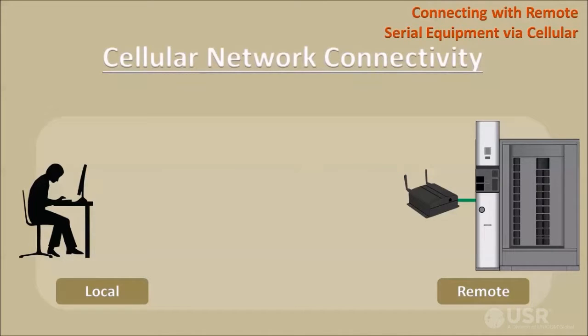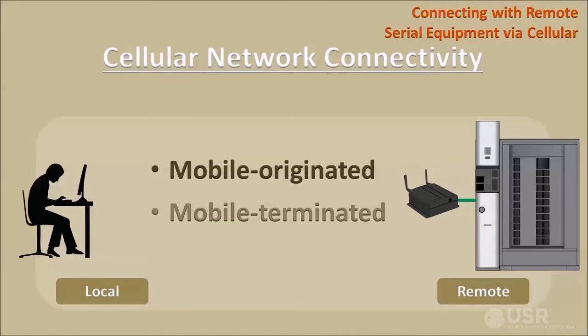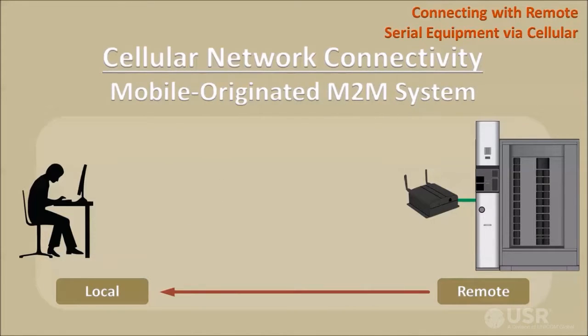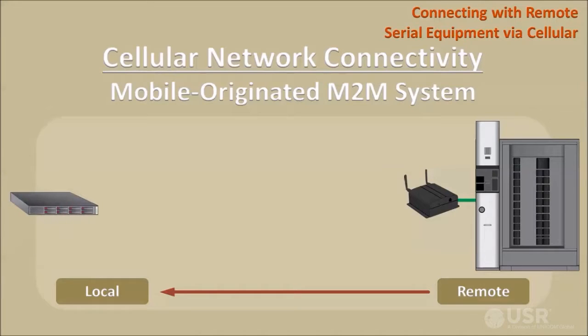The details of the cellular network that connects the local host with the remote sites depends on whether the connections will be mobile-originated or mobile-terminated. For a mobile-originated system, the remote sites initiate connections to the local host. The local host may be a manually operated terminal, or it may be an application running on a server.